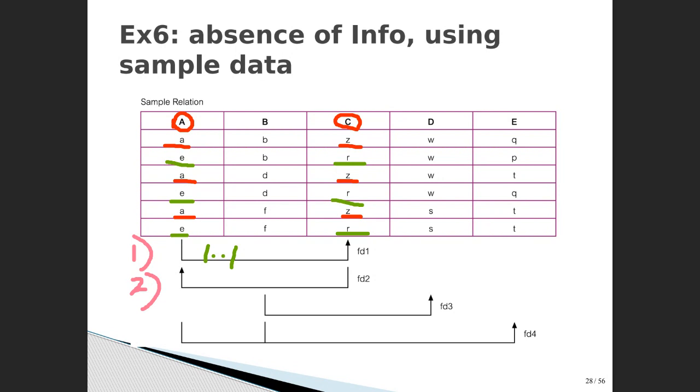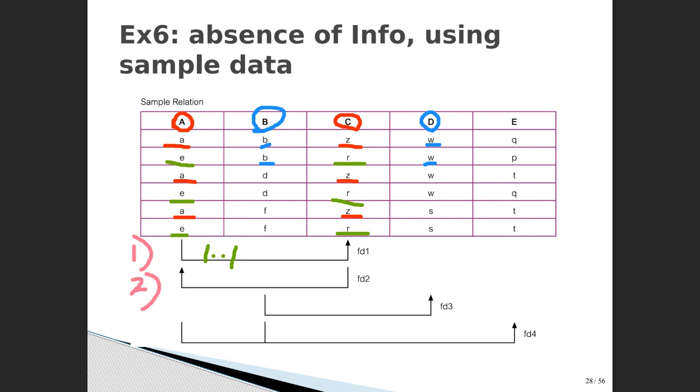All right. Now let's look at B as a sample here. Let's talk about B. When small b appears in the B attribute, we can see that w appears in D. Same way, when w appears here, then b is here.